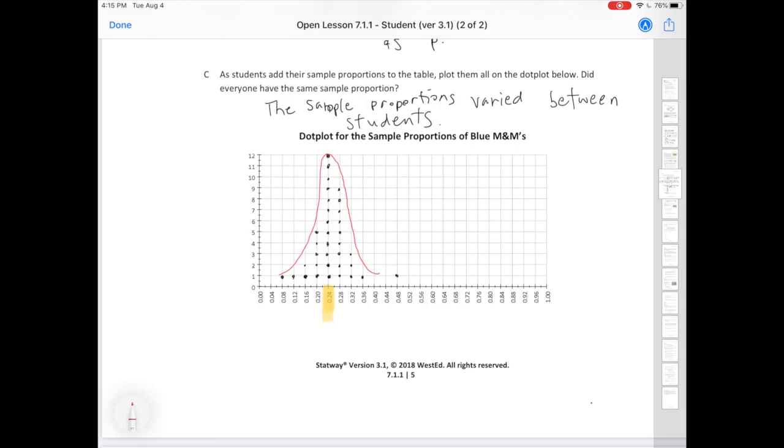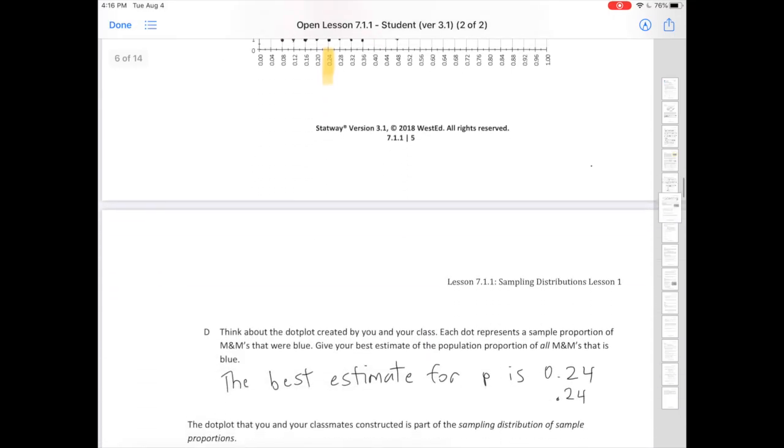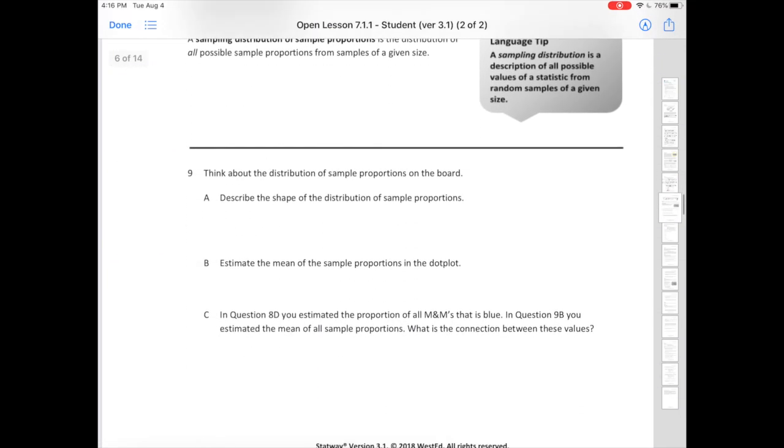Do we agree with that? That looks sort of like a bell curve. So we called that a bell-shaped distribution. So I'm going to say approximately bell-shaped.